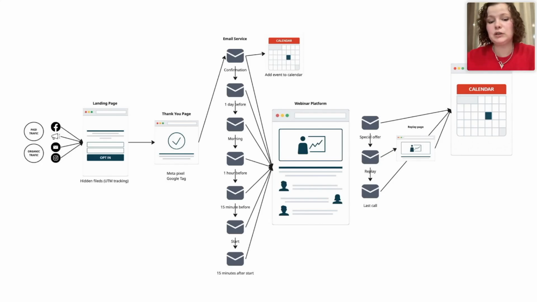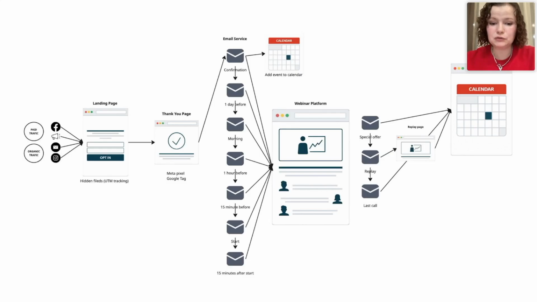Because usually CRM services such as HubSpot are pretty expensive to keep. Of course, they also have an email service built in, but it's pretty expensive for you. So I advise you to spread this between the elements of the technical stack.